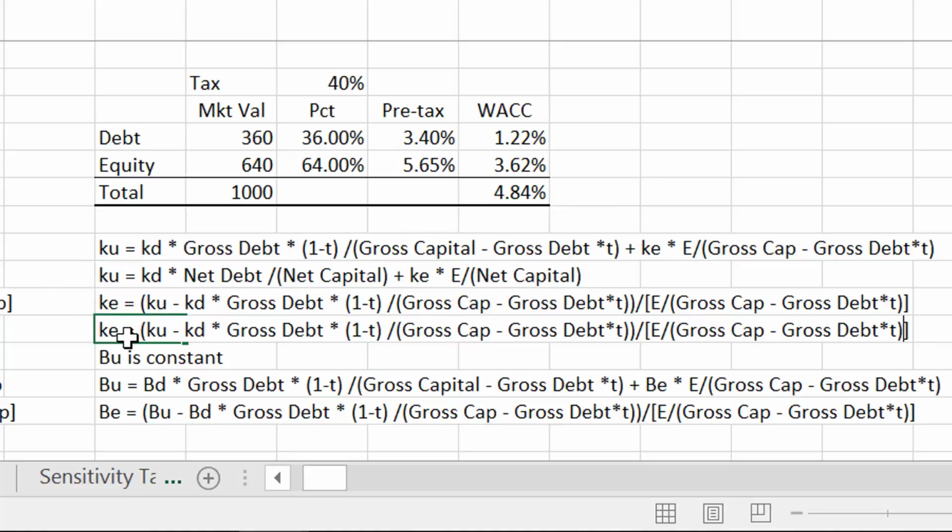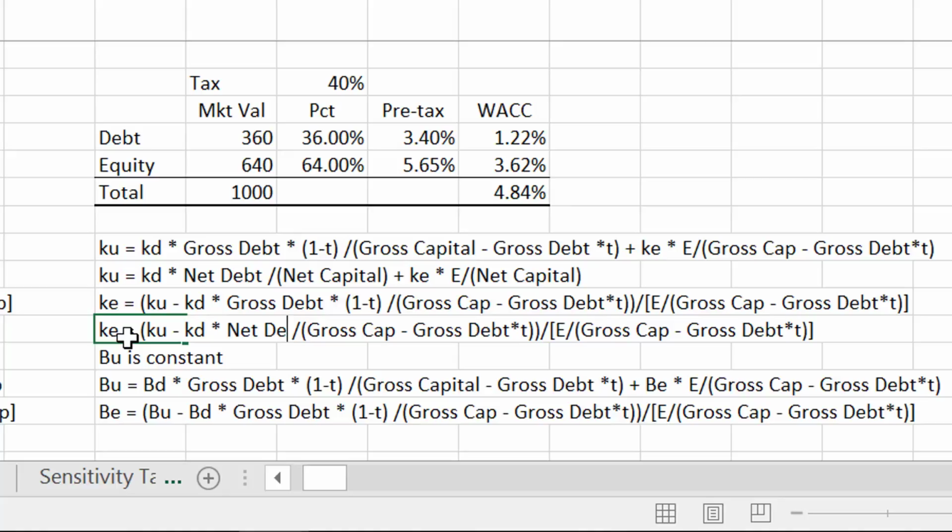So the cost of equity is, if we know the unlevered cost of capital, you put the cost of debt times the net debt, that's net of tax debt, divided by the net capital, and you divide that by the equity divided by the net capital. So when you're working through all of these equations that unlever and re-level debt, you can call it Hamada. Now I'm going to brag about something.